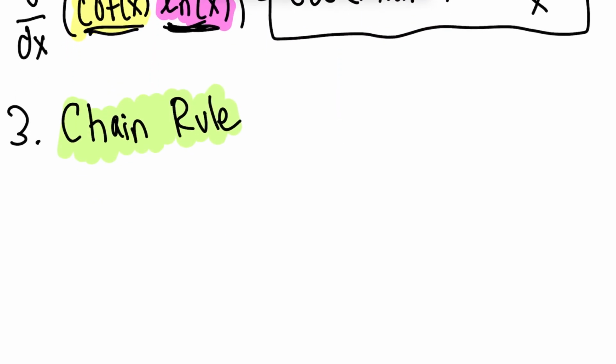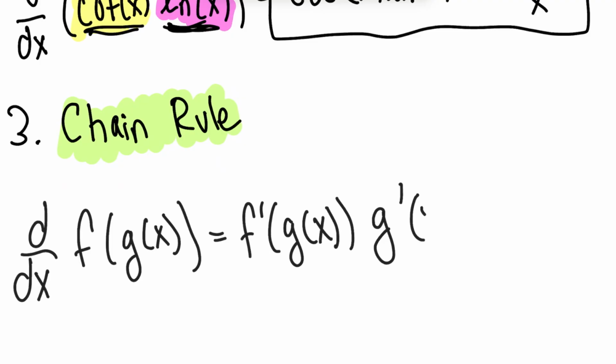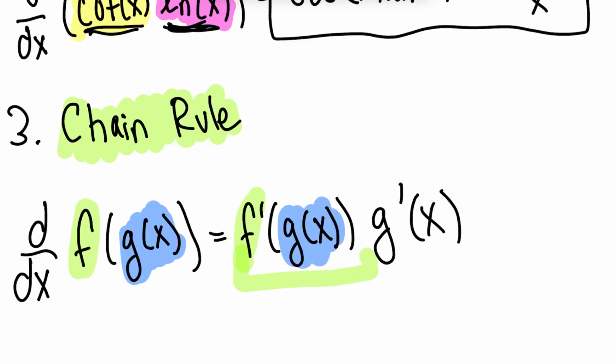All right, next up we have the chain rule. Now, what is the chain rule? The chain rule is a situation where you have this function, and inside the function as the input is stuck another function. And what we do is we take the derivative of the entire function with the input inside, and then you multiply by the chain, which is the derivative of the input or the inside function.